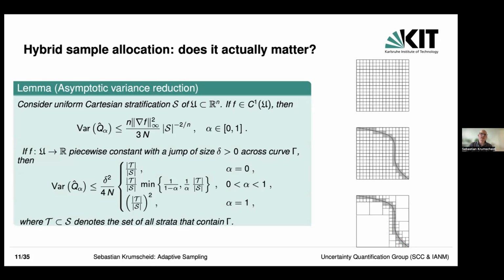So I have many more samples left over to distribute in the other regions, which may contain more information. The only motivation for this non-uniform tessellation is that we are going to draw more samples in regions where our function actually varies.